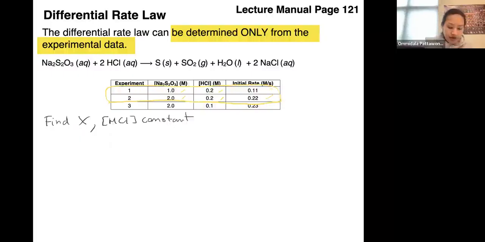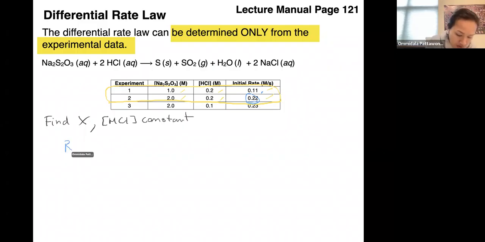So that means you are going to see how changing the concentration of sodium thiosulfate would affect the change in rate. What you are going to do next is set up the rate expression again. Okay, so in this case, I'm going to use the rate that has the higher value. So it's going to be experiment 2. Experiment 2 has a higher rate than experiment 1.